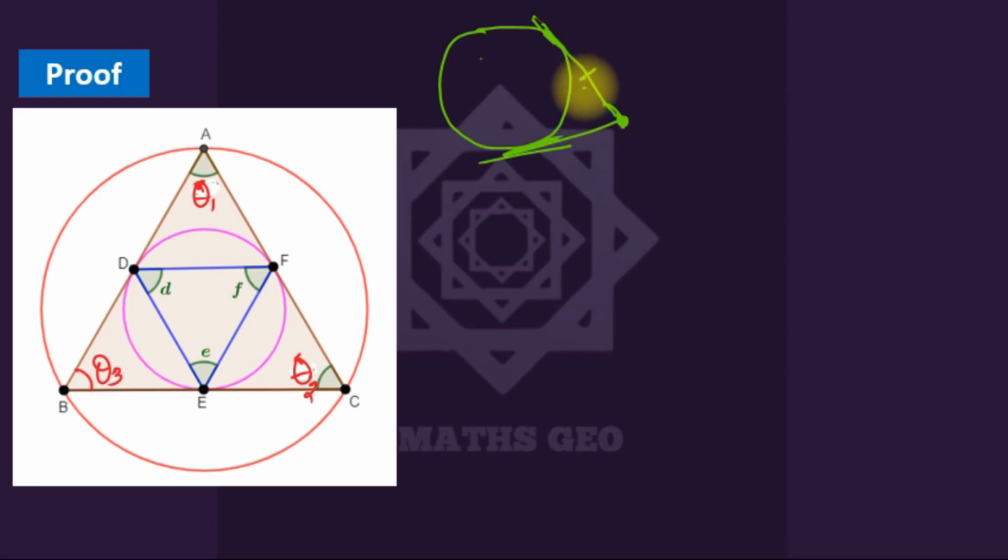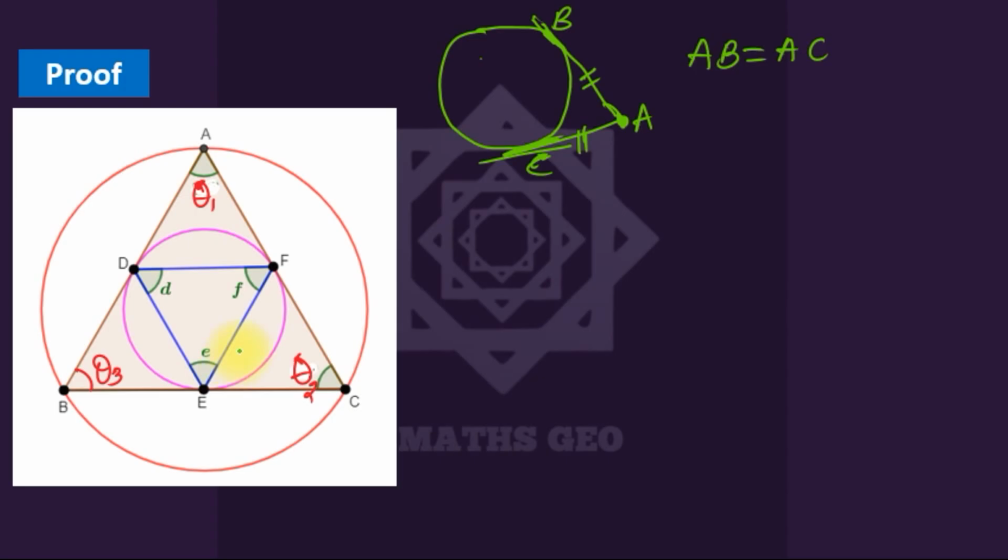So if it's AB and we have AC, then AB is equal to AC. That's the first thing we have to know. And using our alternate segment theorem, we can solve.